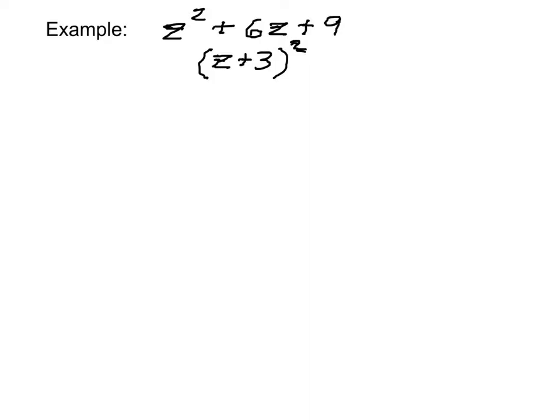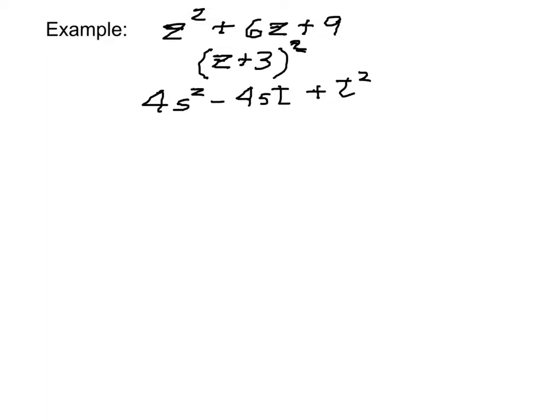All right? Let's look at another one here. Let's say I've got 4s squared minus 4st plus t squared. And if we look at this closely, what is this?